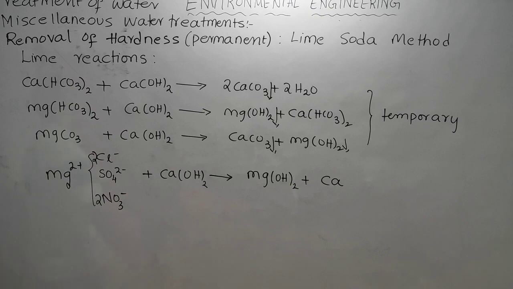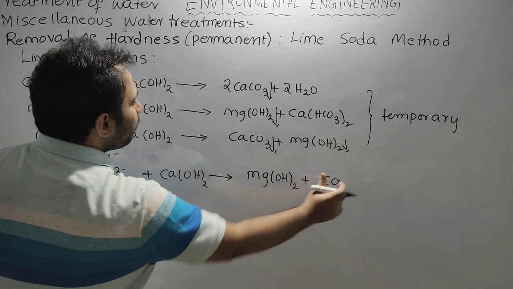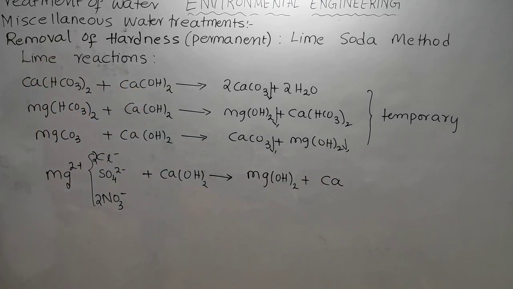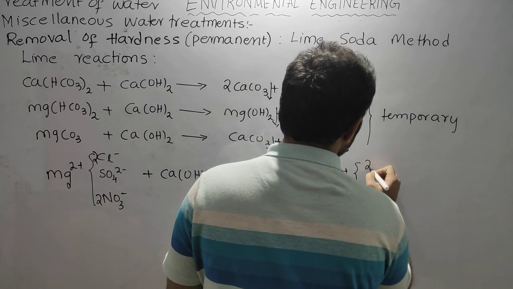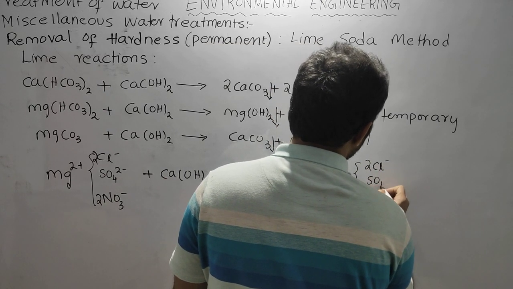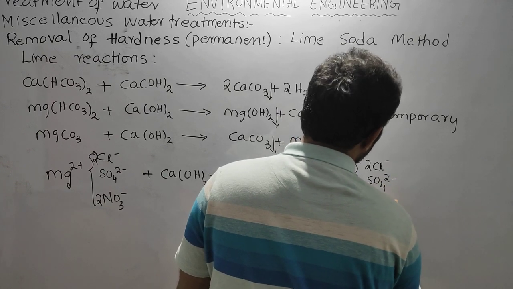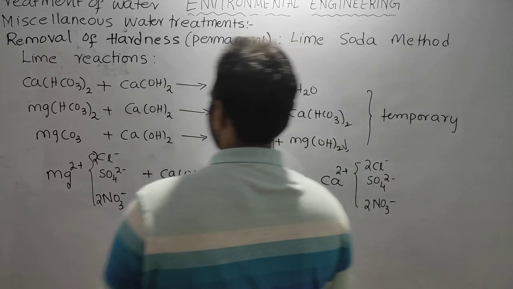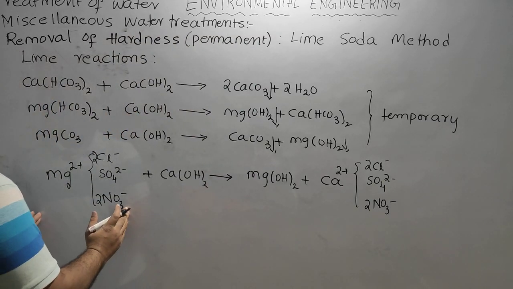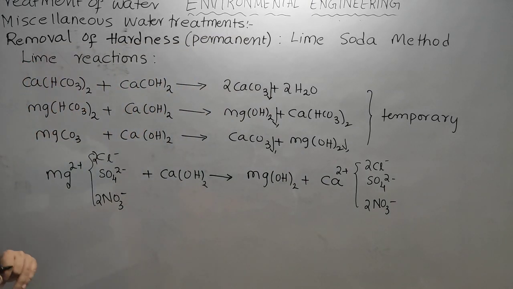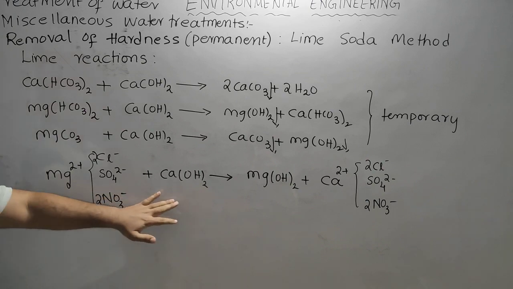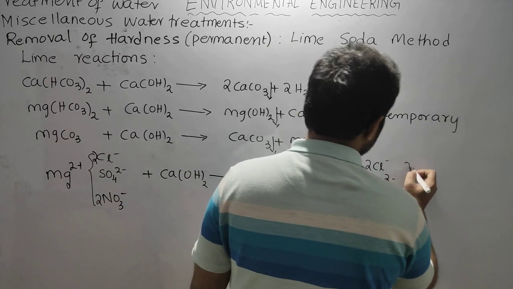So the magnesium permanent hardness converts into calcium permanent hardness, with 2Cl minus, SO4 2 minus and 2NO3 minus. Earlier it was magnesium permanent hardness; once it reacts with lime, it becomes calcium permanent hardness.